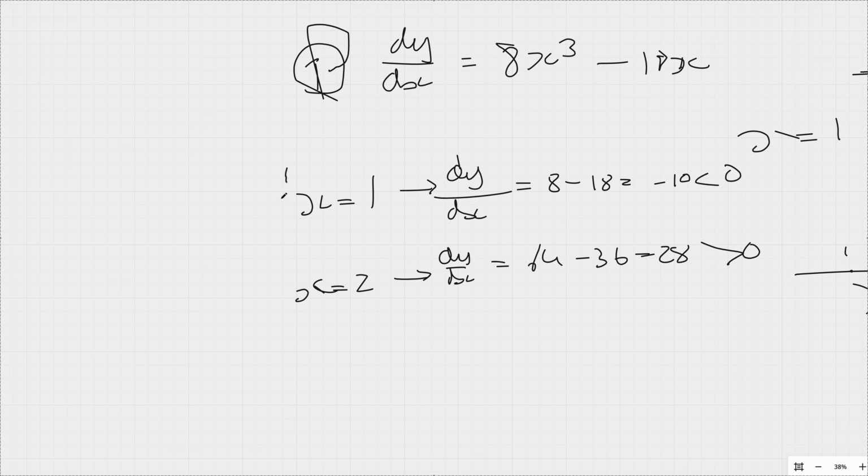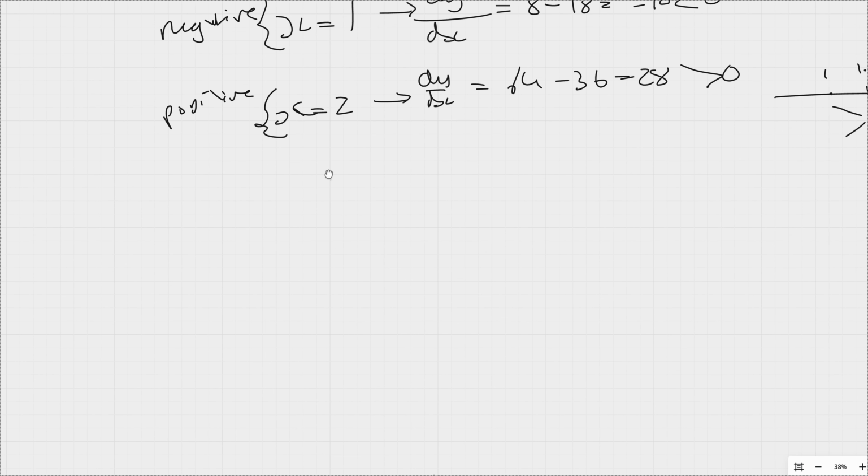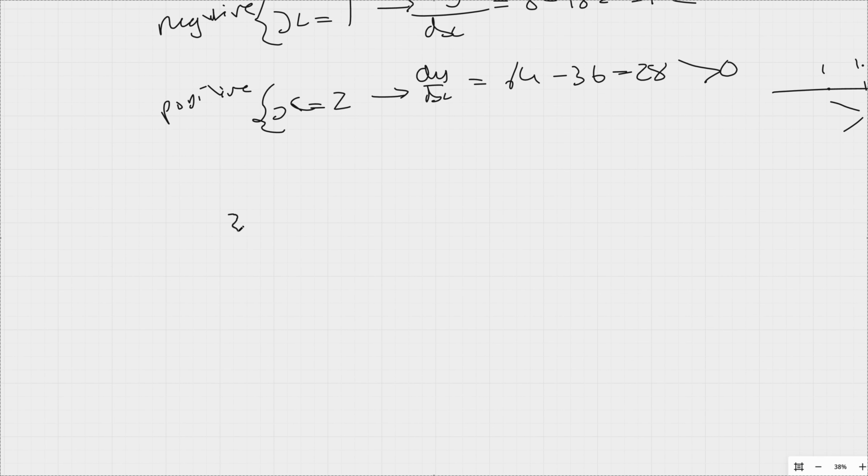So what is this? It's negative on the left, positive on the right, which means that obviously (3/2, -1/8) is a minimum.